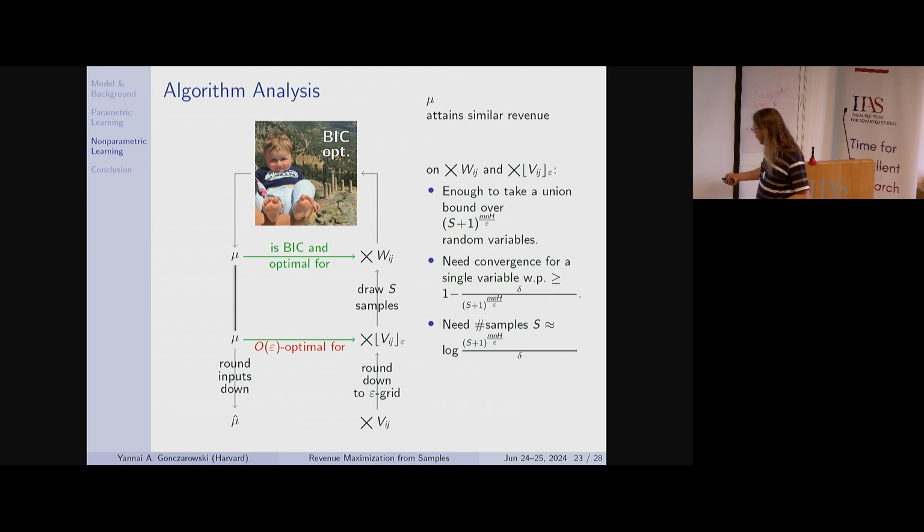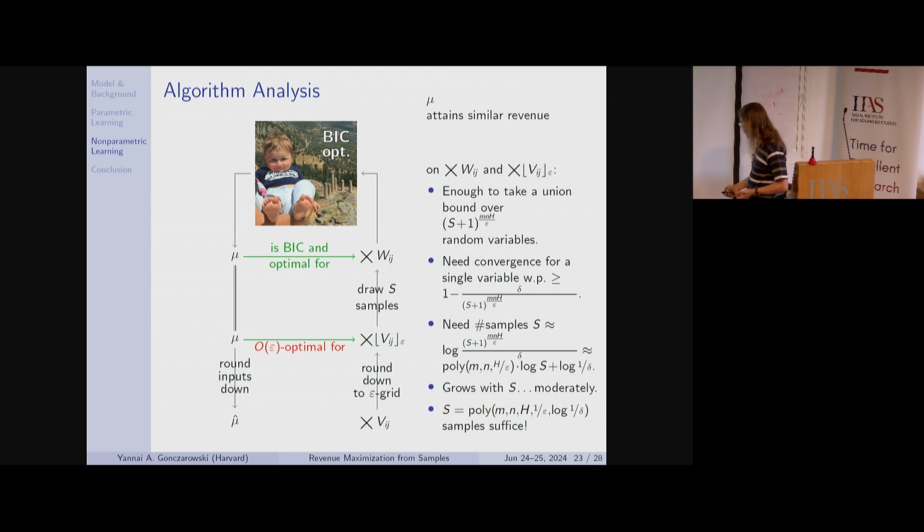And because of this logarithm here, if you do the calculation, you'll see that this grows with s, but moderately enough, so that a polynomial number of samples will give you an equality here. So this is where this diverges from many dimensionality arguments and learning algorithms.